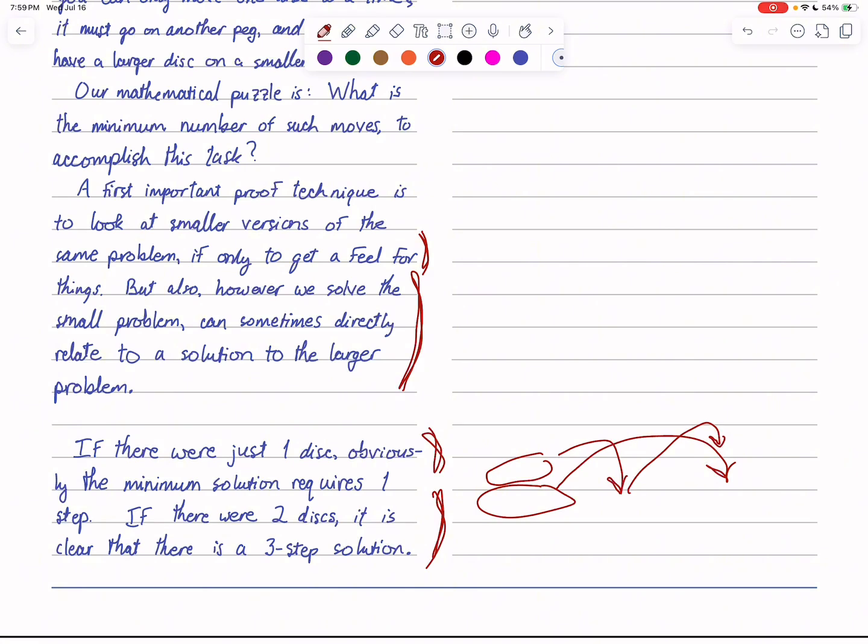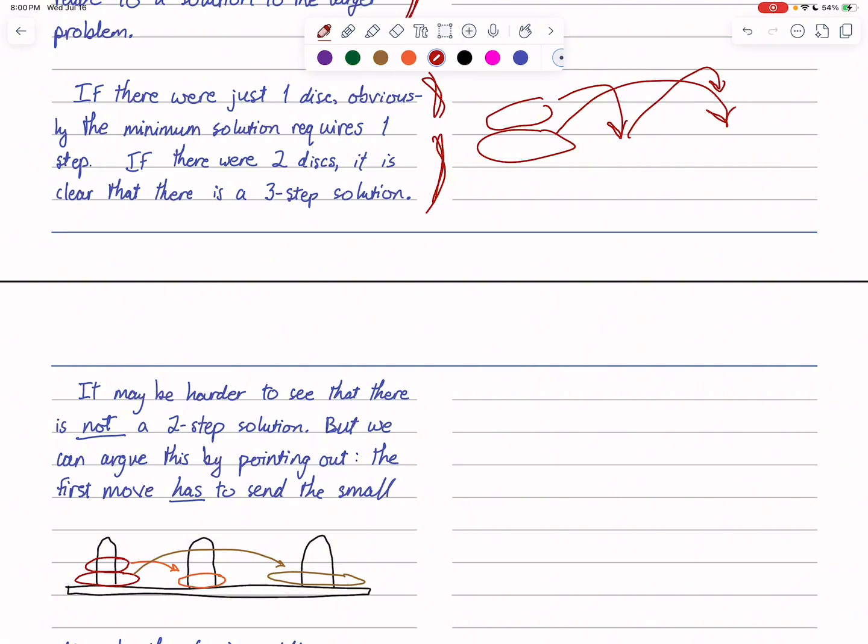It may be a little bit challenging to understand how we would argue that it could not possibly be done in fewer than 3 moves. Well, we can just argue by eliminating various possibilities. So for one thing, there's just no way that the first move we do is moving that smallest disc all the way to the third peg.